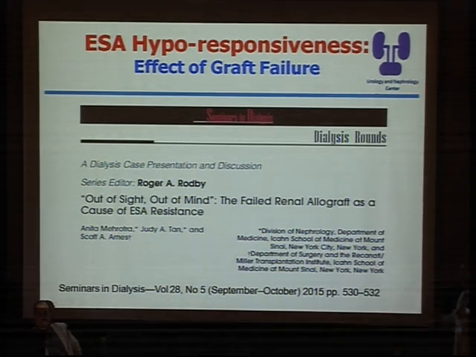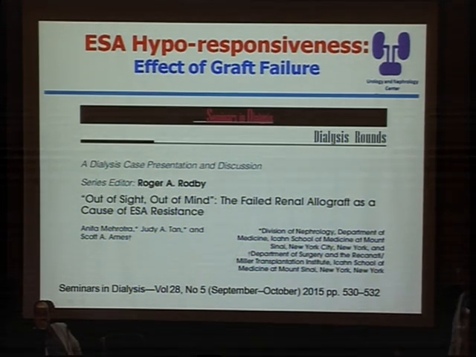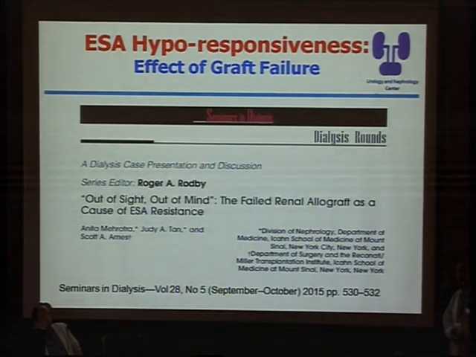One of the practical points, although it was published in a case report, is don't forget, if the patient is transplanted and then suffered from graft failure, that the graft is still there.